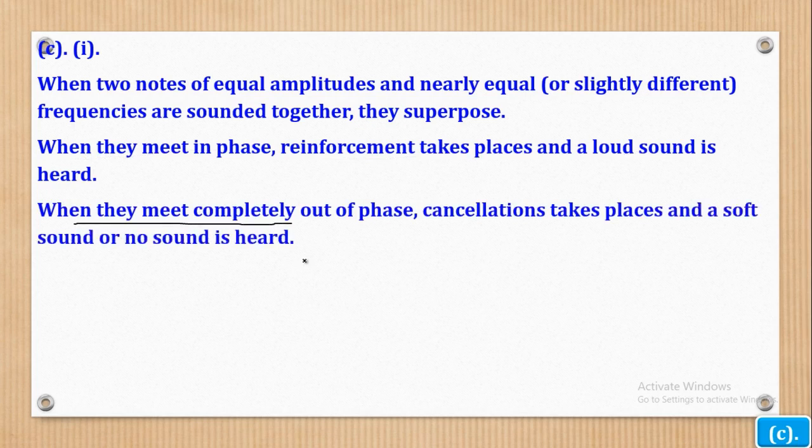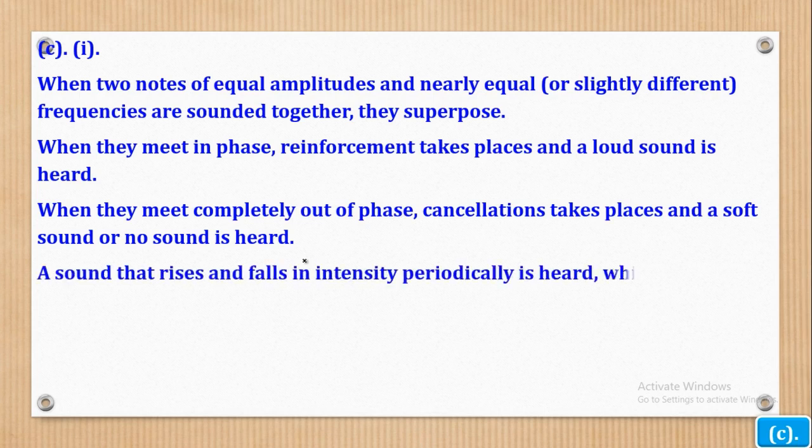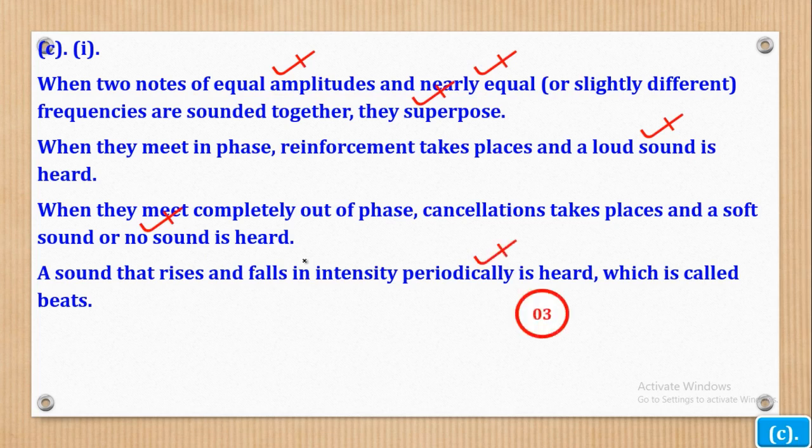When they meet completely out of phase, cancellation takes place and a soft sound or no sound is heard. A sound that rises and falls in intensity periodically is therefore heard and is called beats. And that is how marks would be awarded.